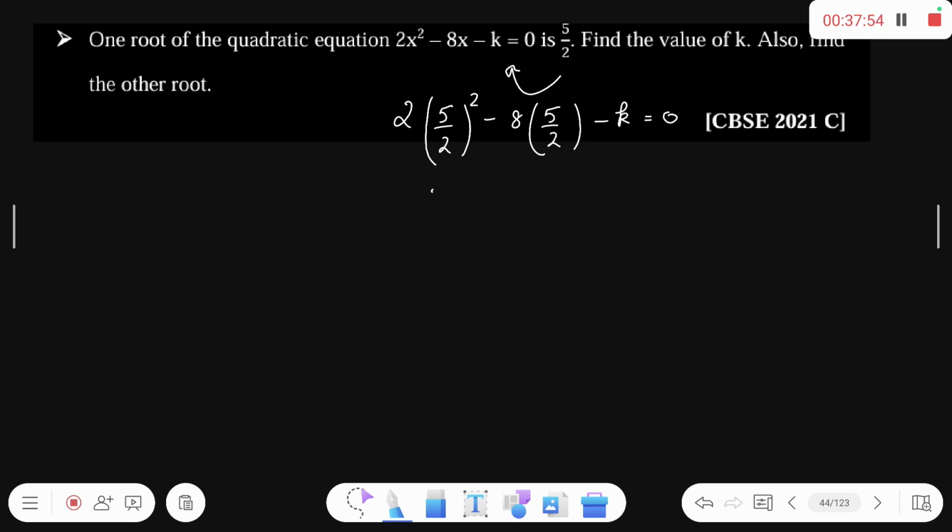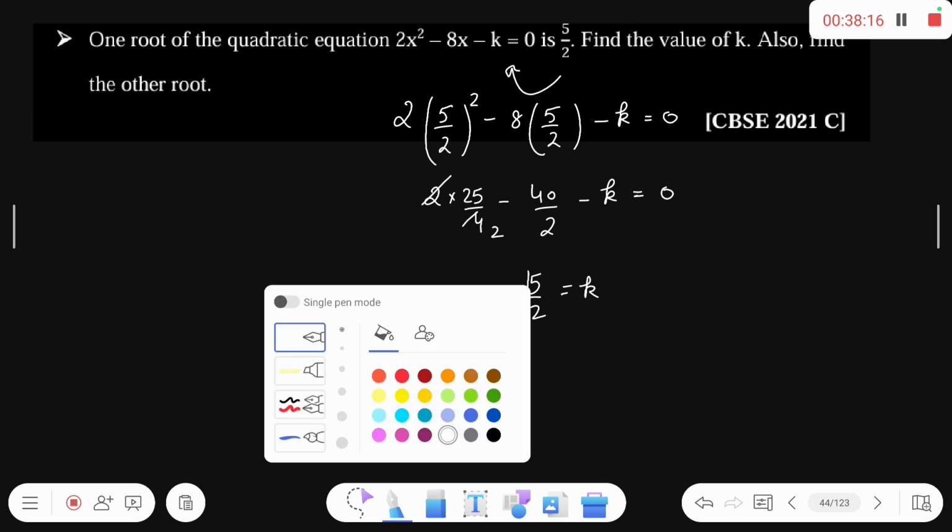So this is 2 into 25 by 4 minus 8 into 5 by 2, which is 40 by 2, minus k is equal to 0. So 25 minus 40 is minus 15 by 2 minus k, or k is equal to 15 by 2. Now put this 15 by 2 in the equation.